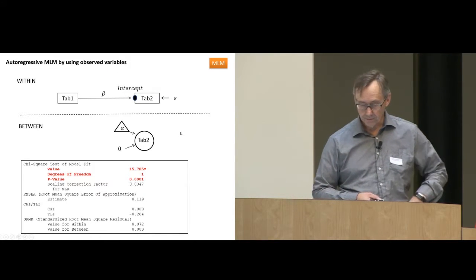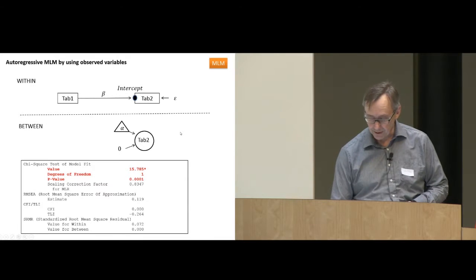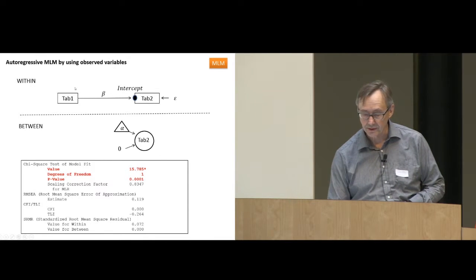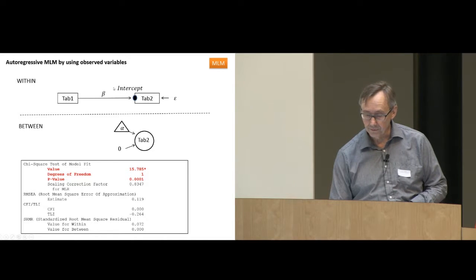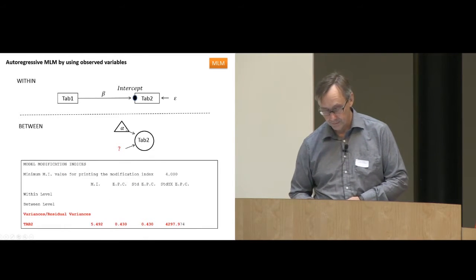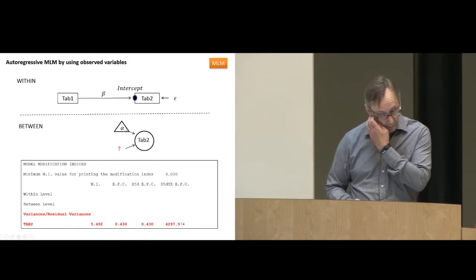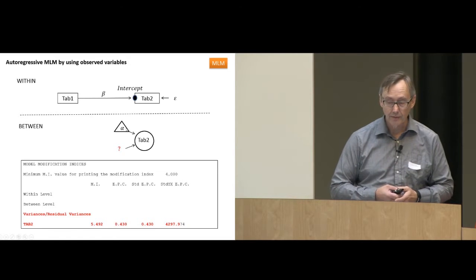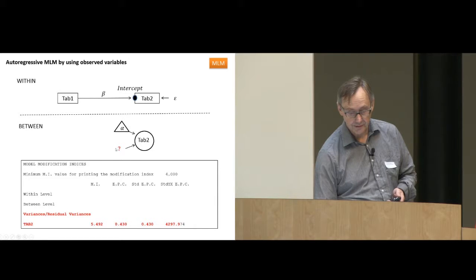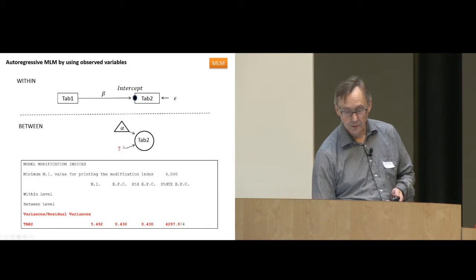But when I look at the fit index, chi-square tells that this model is not good. And when I go further, I see in the model modification indices that there is only one value telling that I need to estimate variance for this tab 2.